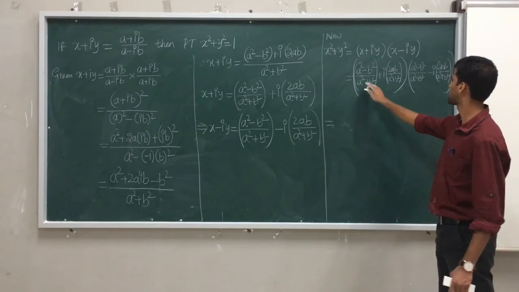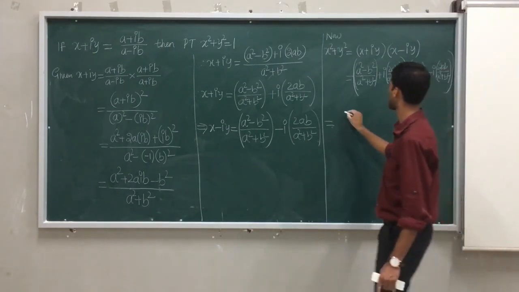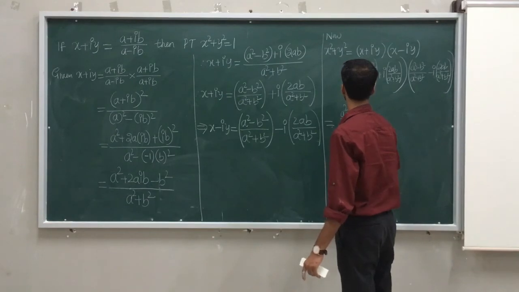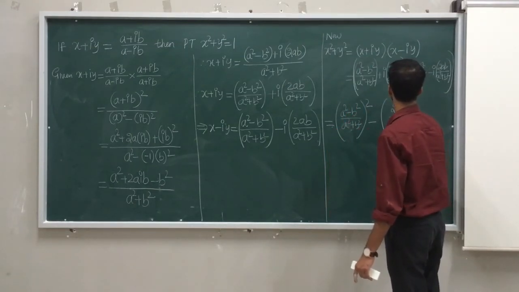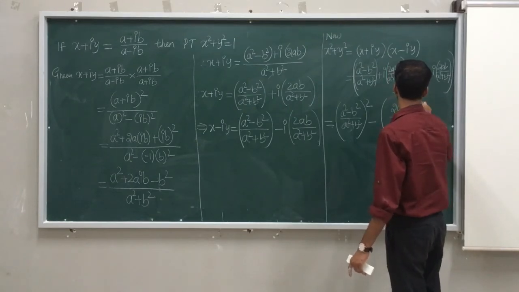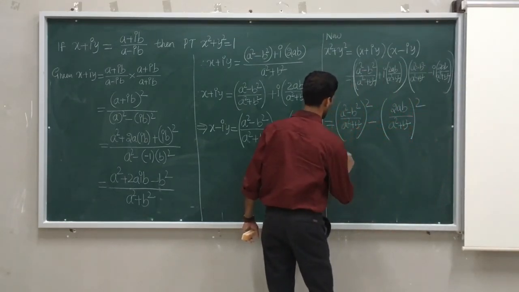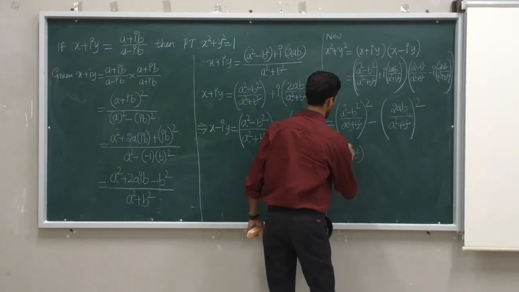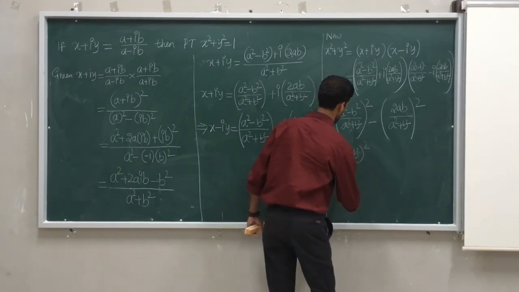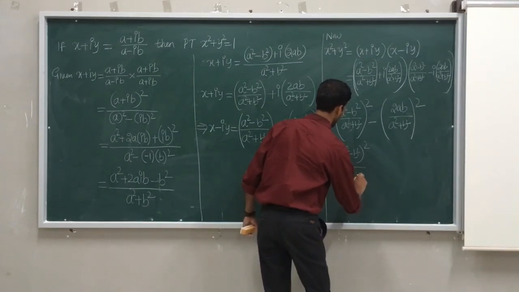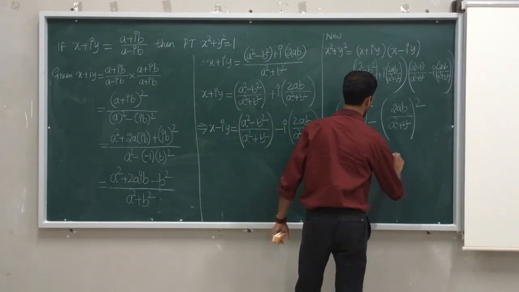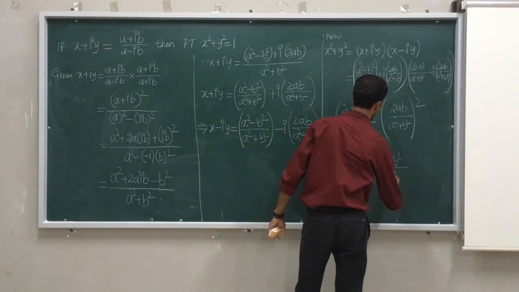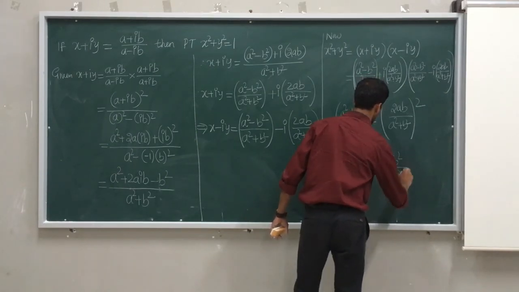Now what do I do in the next step? I'll simply, it looks like a plus b into a minus b, that is nothing but a square minus b square, that is 2ab upon a square plus b square the whole square. When I take numerator, it is a square minus b square the whole square, divided by a square plus b square the whole square, minus 4a square b square divided by a square plus b square the whole square.